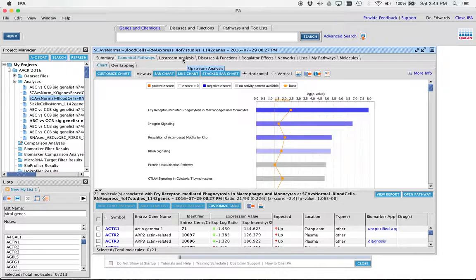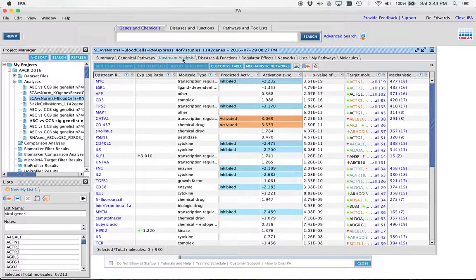I just want to show you one other thing, so we can actually go to upstream analysis. So we've gone through biological functions overrepresented and canonical pathways, and now we can actually search our gene list to say, even though I don't measure MYC, this transcription regulator, directly, it's interacting with 119 genes in my gene list, or it's known to.